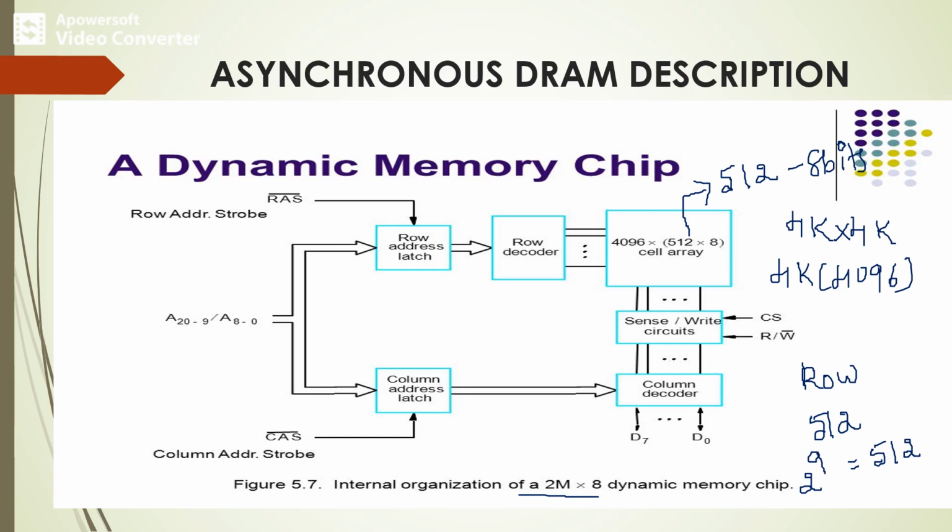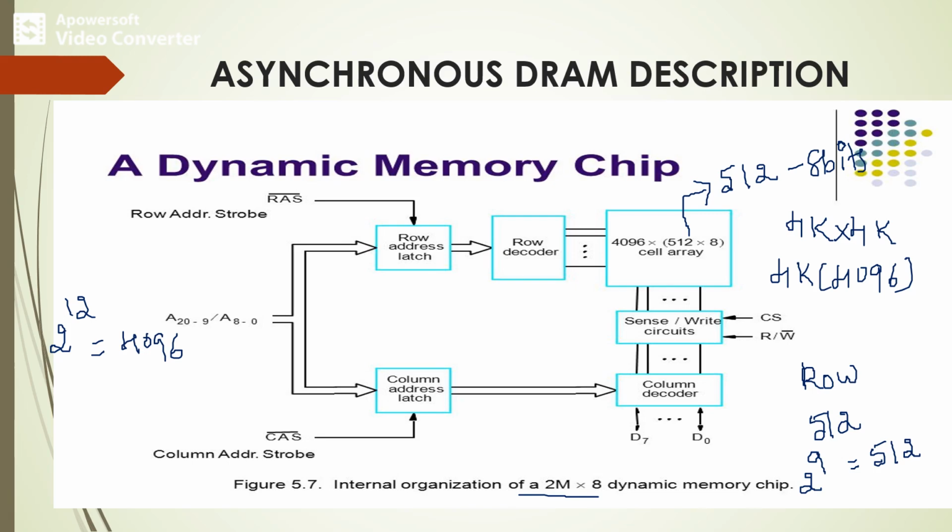And in order to represent 4096, we need around 12 address lines. So 2 power 12 is equal to 4096. That is why we make use of the row address.